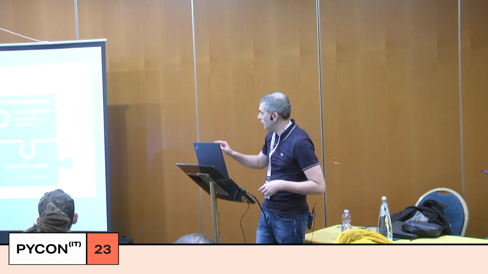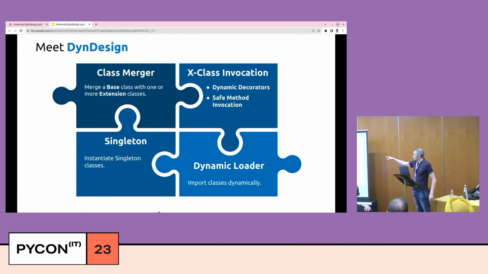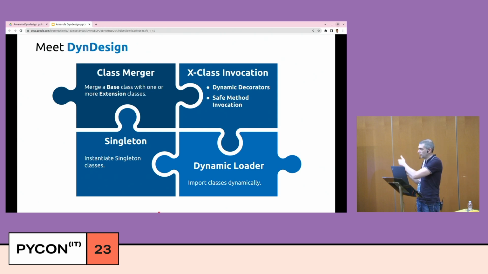For this reason, in the second module, cross-class invocation, safe method invocation, which I didn't cover because of lack of time, there are two tools. One is the safe zone context manager, and one is safe invoke. You can call methods cross-class so that when they are not there, you won't have the exception. The execution will continue normally without exception.